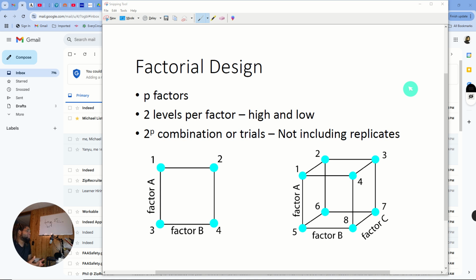The idea of what they're showing you in this picture is the amount of trials with respect to however many factors you're going to test for, okay? That's all the factorial design is.